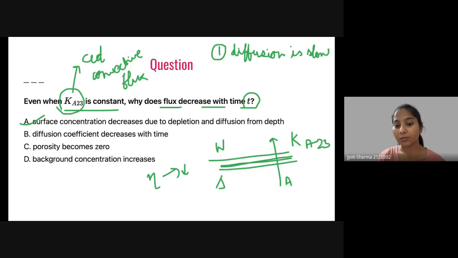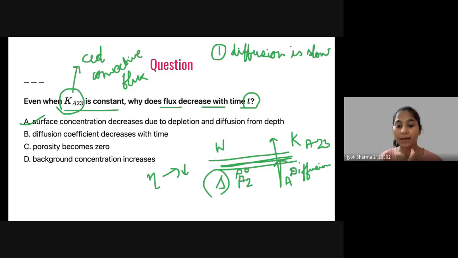So if A is moving to this interface, it is just due to diffusion. Initially, we had the concentration rho A2 naught at the interface, because we are assuming it is equal throughout the sediment initially.